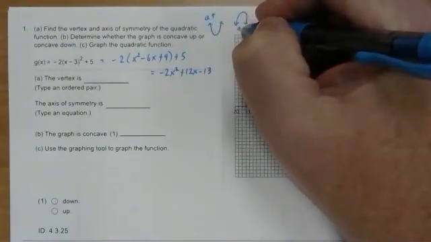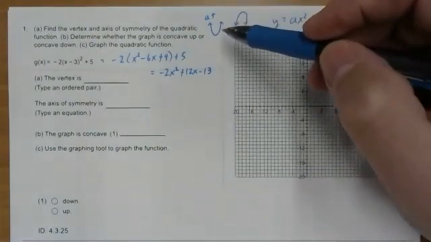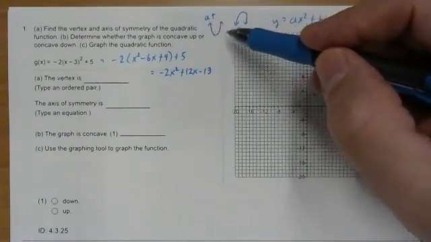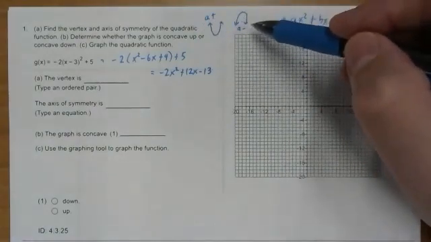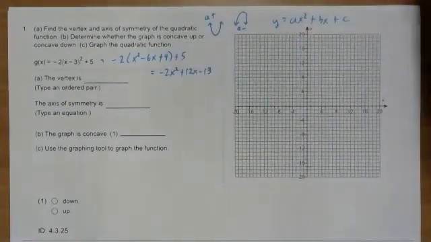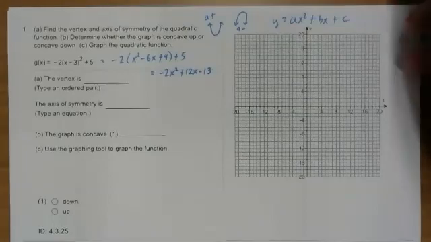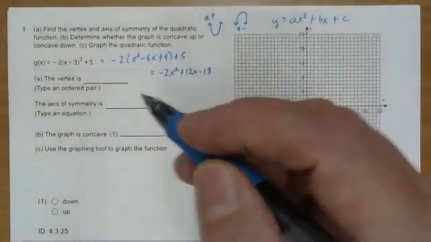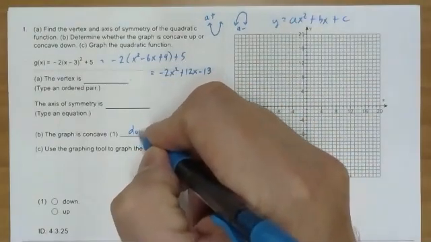If A is negative, it's concave down. The way I remember this is a positive person smiles. This looks like a smile. Negative person frowns. You can see here, A is -2, and because it's negative right away, I can go way down here and say the graph is concave down.